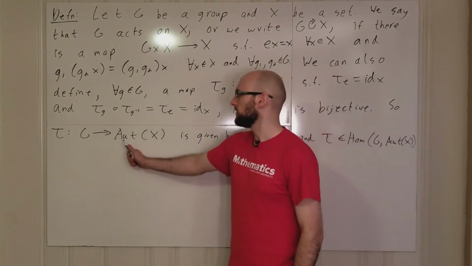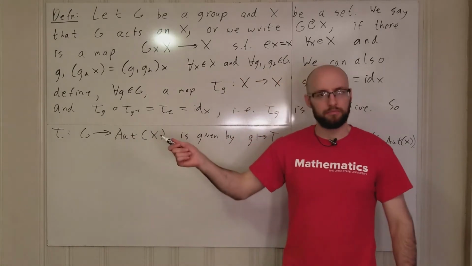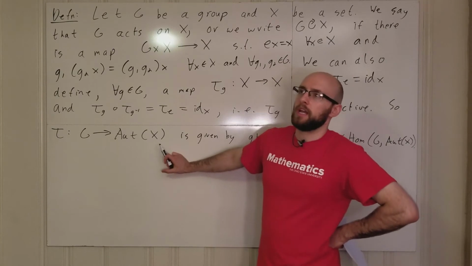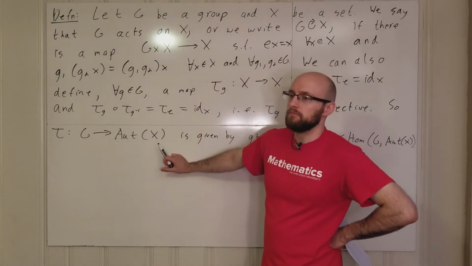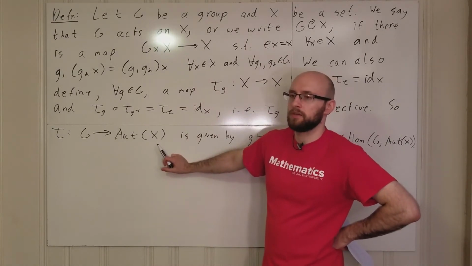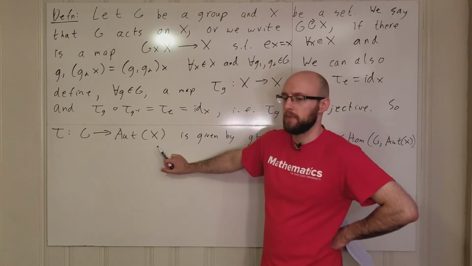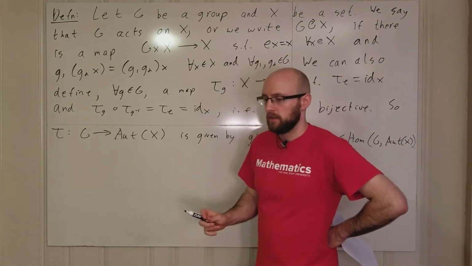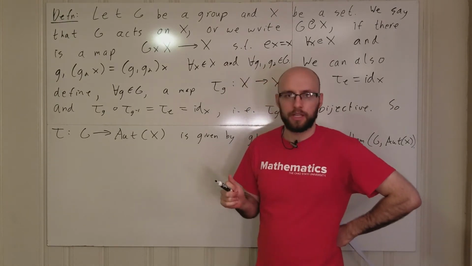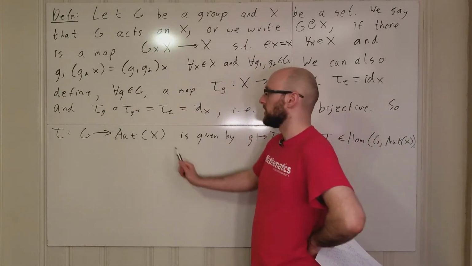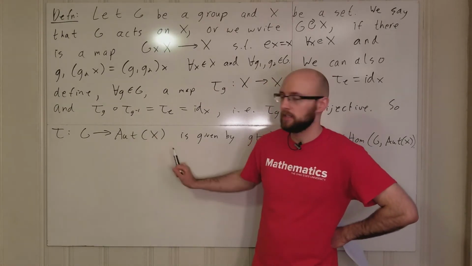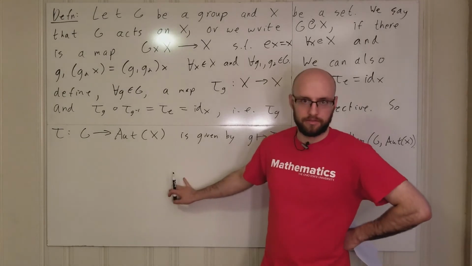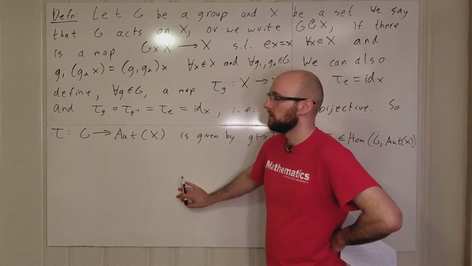But the automorphisms still give you a group, because the automorphisms of a set X turn out to be just the bijective maps from that set onto itself, and the identity element is the identity map, which sends every element of X to itself, and the law of composition is composition of functions.